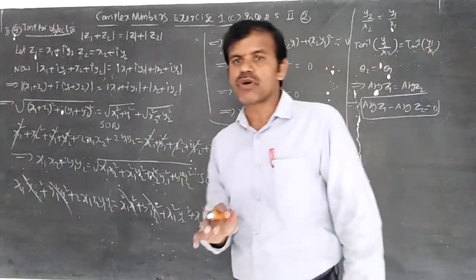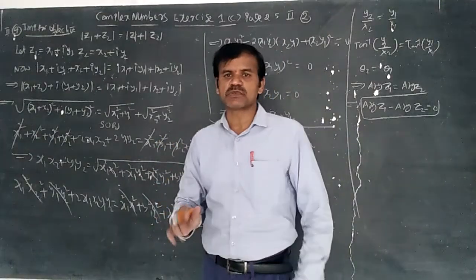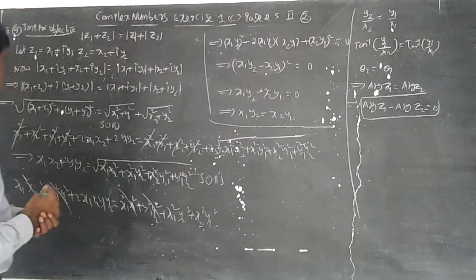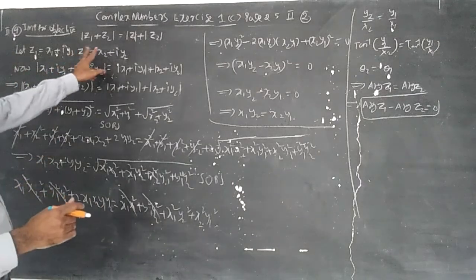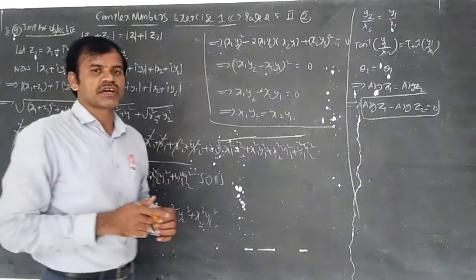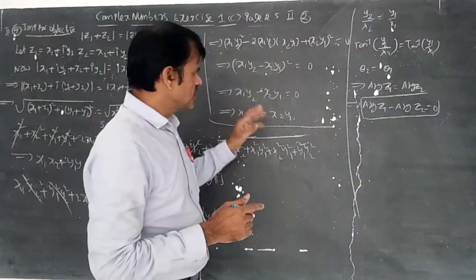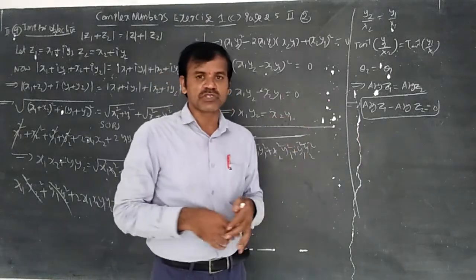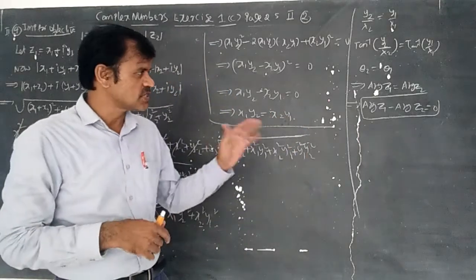This is the proof of the objective synopsis. Simply, in objective we face this question. Simply you can understand, if modulus of z1 plus z2 equals modulus of z1 plus modulus of z2 separately, then theta 1 is equal to theta 2. In 2014 or 2013 in the mains exam, they gave this question. If you can understand, this is simply a synopsis.